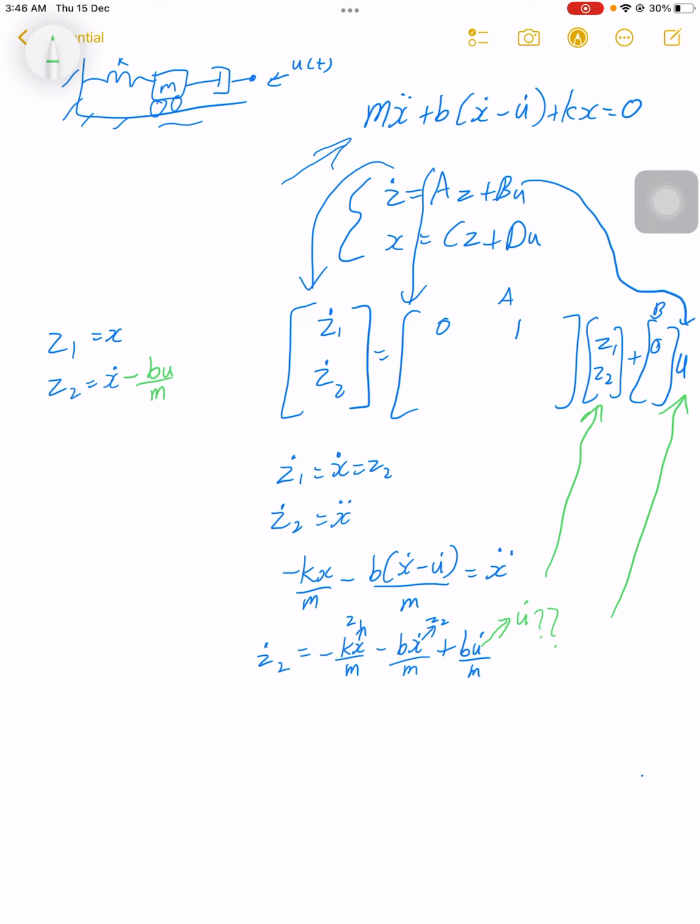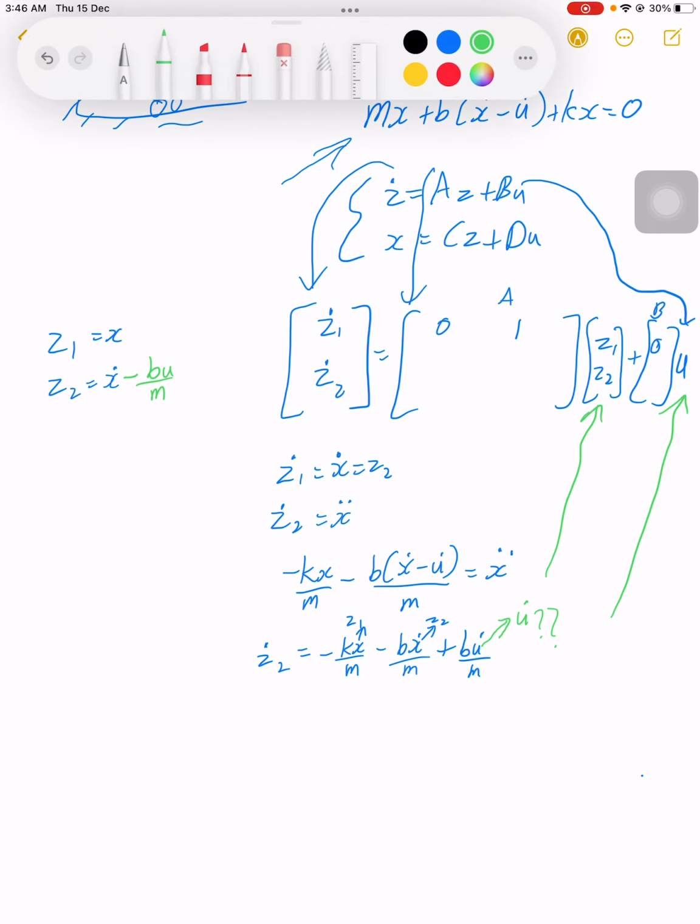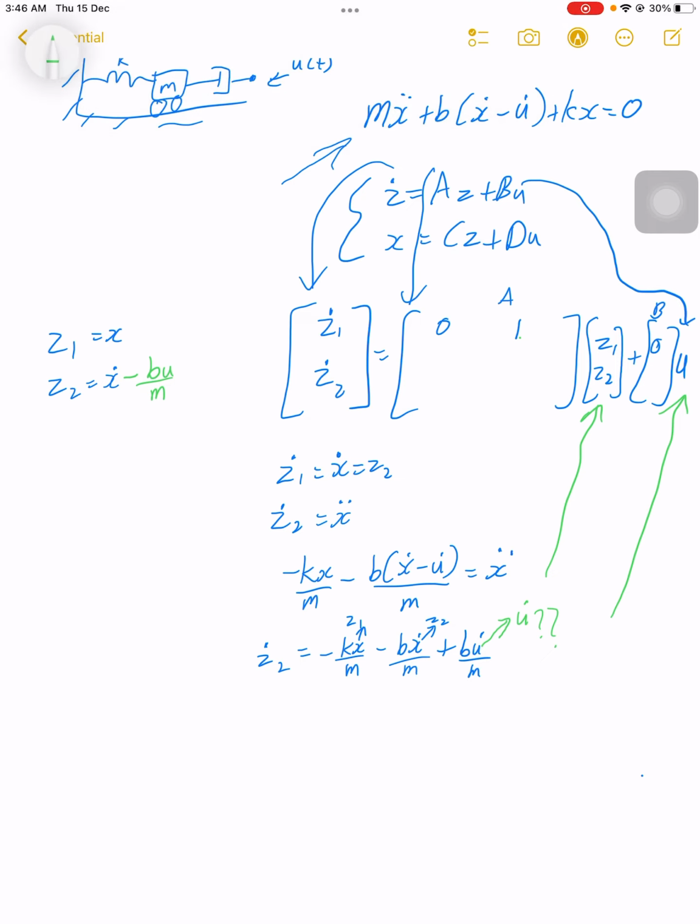Now things are gonna change. So z2 dot is gonna be, if we rearrange this, x double dot minus b u dot over m.